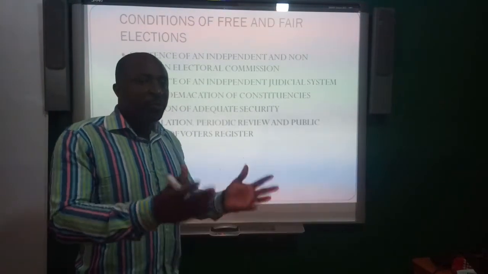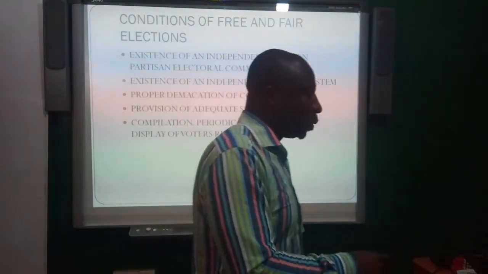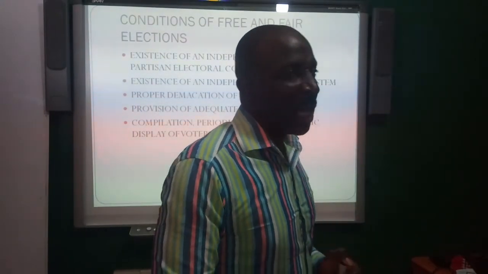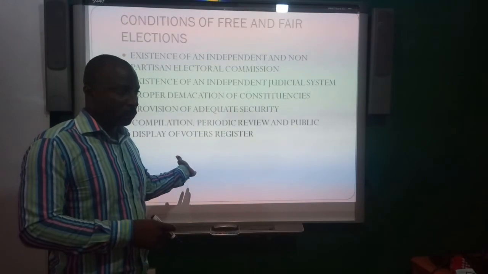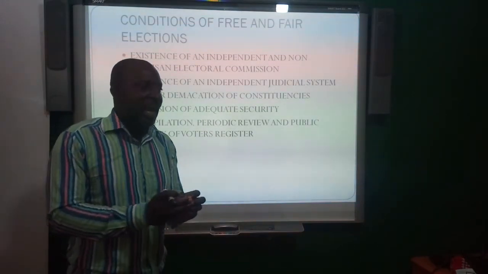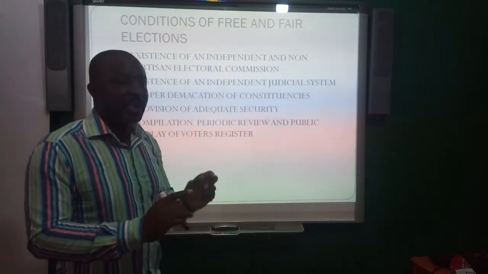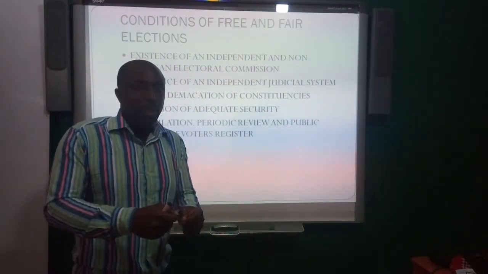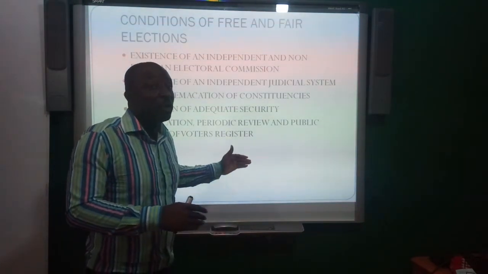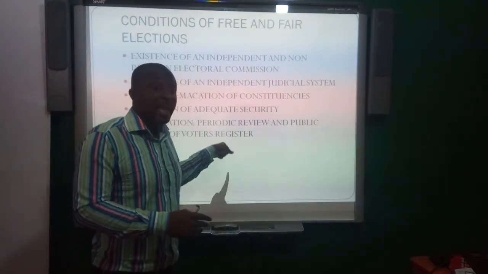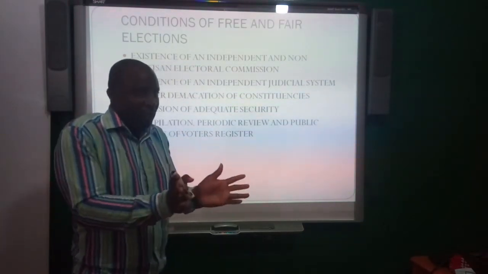The second purpose is to remove names of those who have passed away and are no more living. So when the voters register is reviewed periodically, first and foremost, it gives the opportunity to people who don't have their names in the register, who now qualify to vote, to add their names to it, so that they won't be disenfranchised.